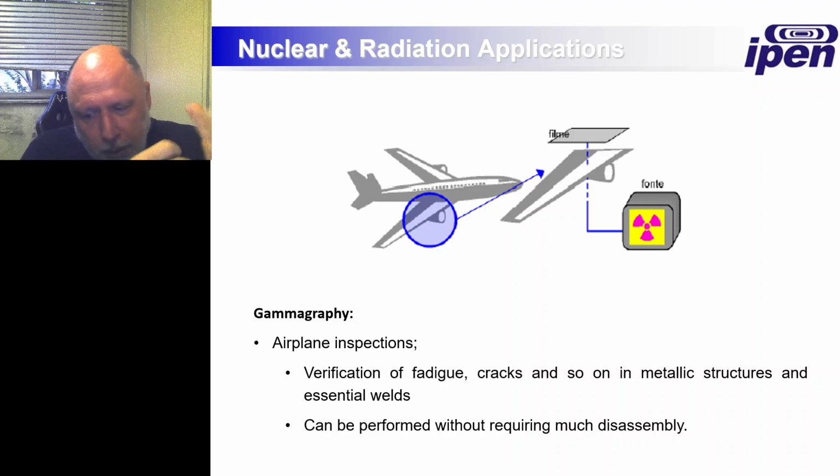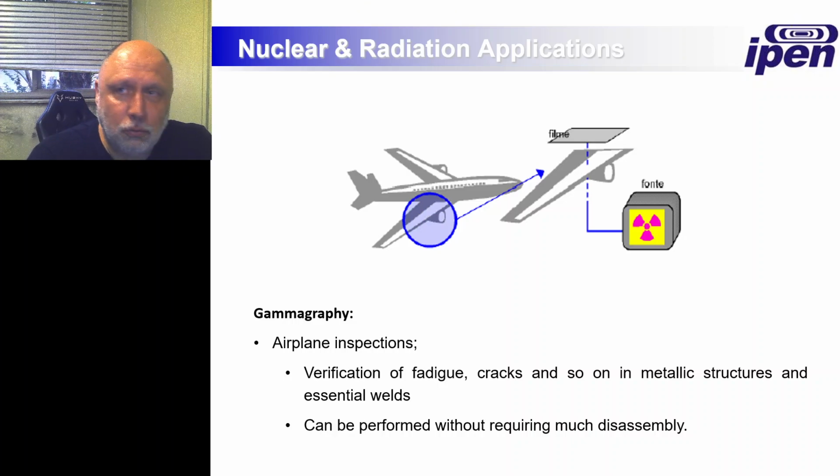Just stop the plane, go to the places to check, and do some radiographies, the gammography images, and say, okay, it's all good. Or you may find, okay, we have to dismantle it because there seems to be a potential issue here. And in airplanes, you don't want issues, because if you had an issue, the airplane would have already crashed probably.